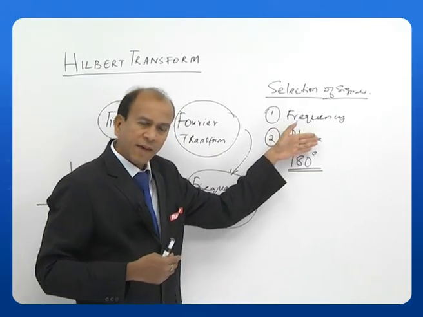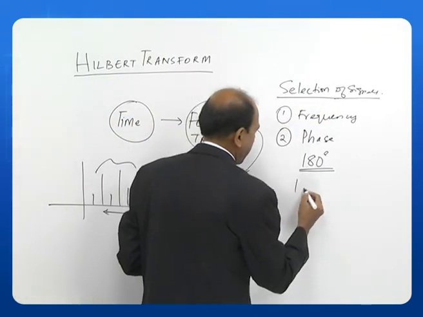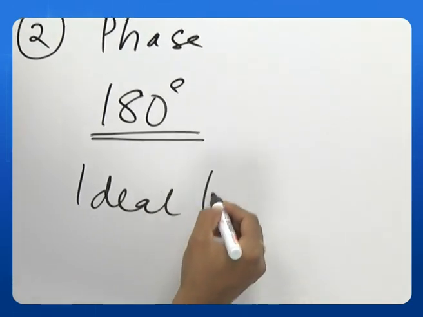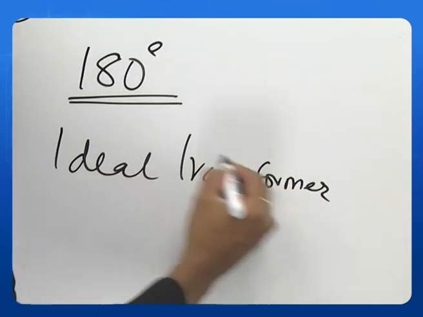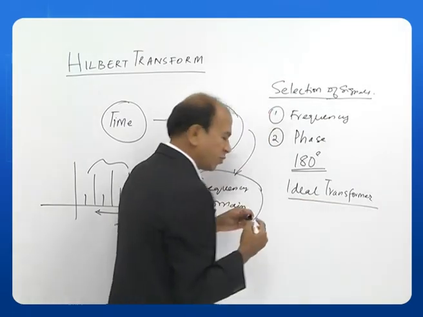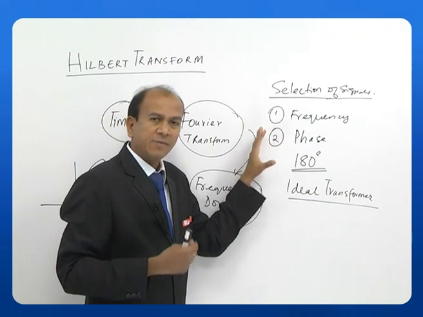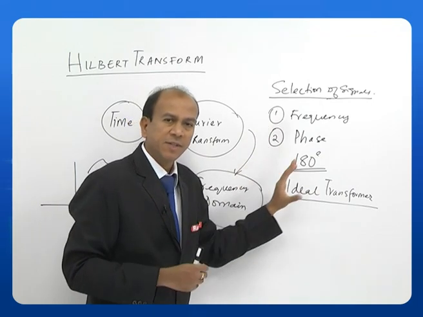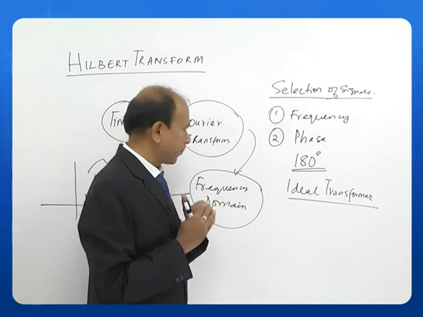As you are all aware, this type of phase reversal happens in the case of an ideal transformer. So, what does an ideal transformer do? The transformer takes the input signal and converts each and every component of it by shifting it 180 degrees. That means there is a phase reversal.